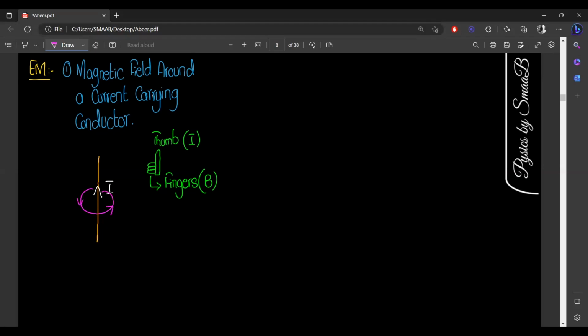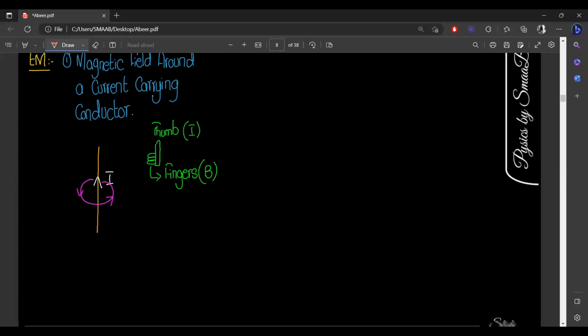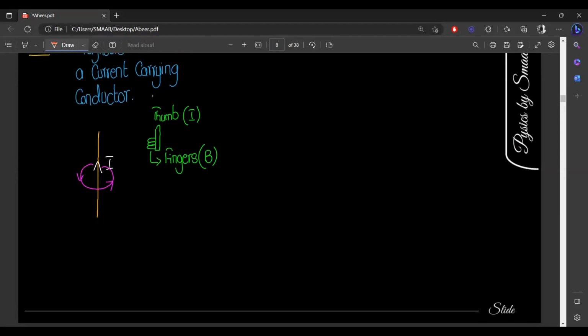In this particular case, current is moving in upward direction, and for magnetic field, we are getting direction anti-clockwise.